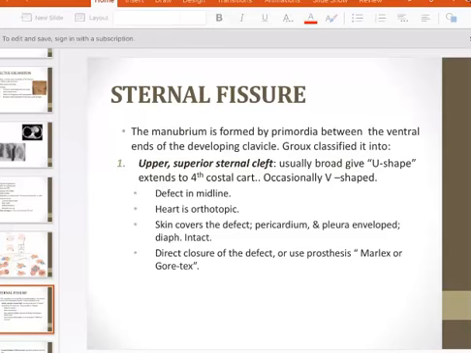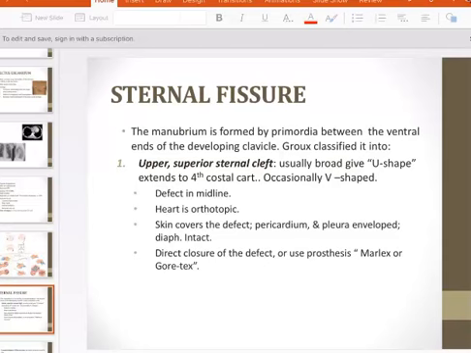The baby, when it is born with this defect, it affects the manubrium to the body of the sternum, down to the level of the 4th rib. The shape is either U or V, and the defect is in the midline.